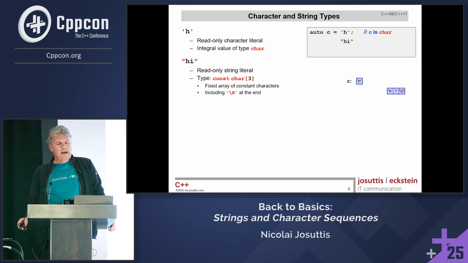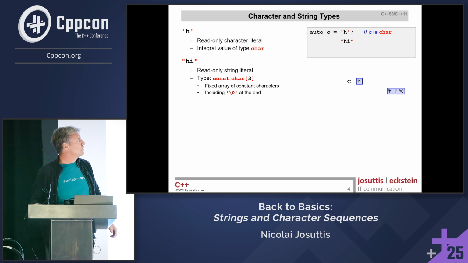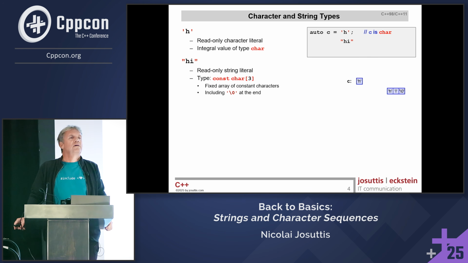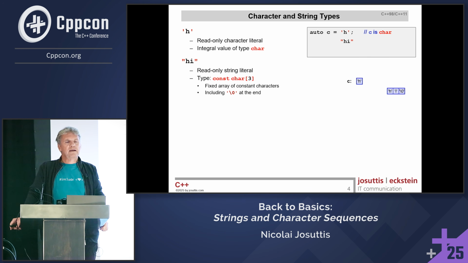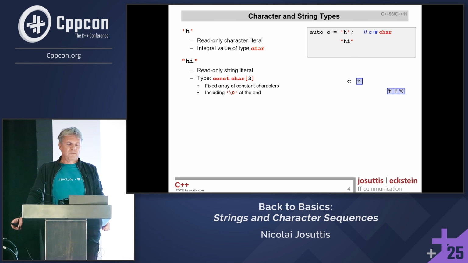This is an array, and that array consists of all the characters of the string plus \0, the so-called null terminator at the end. So that's always the case, and that's not the fault of C++, it's the fault of C. The programming language C invented this idea of how to store characters and how to deal with characters and how to deal with strings.